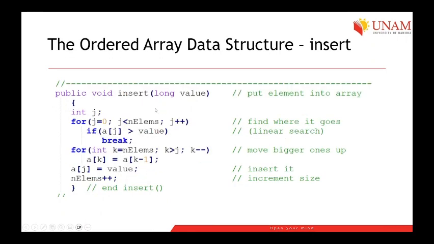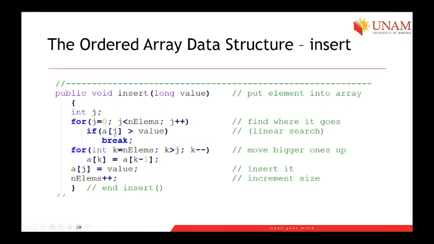Let us look at method insert. In method insert, we want to add an element to our array. In this case, we are starting at position 0. We are assuming that these elements are stored in ascending order, so we need to find the correct place to insert the element. So we start at j equal to 0 up to n elements minus 1.